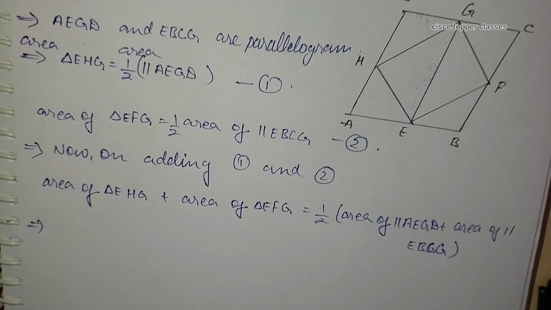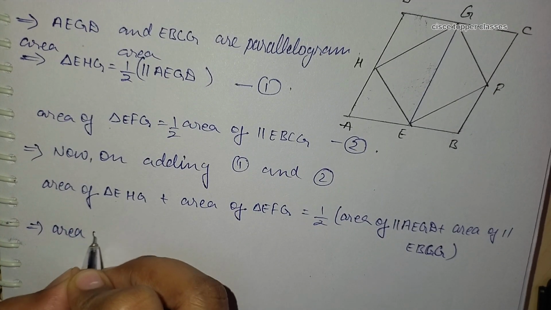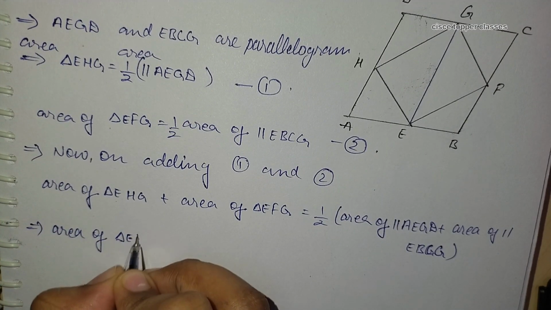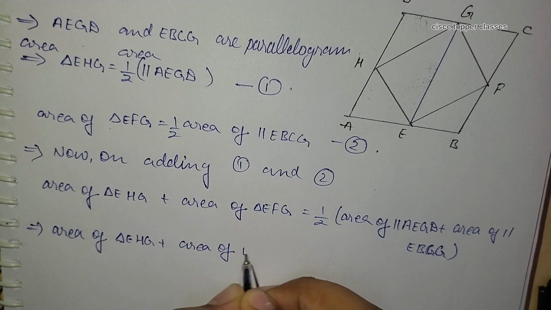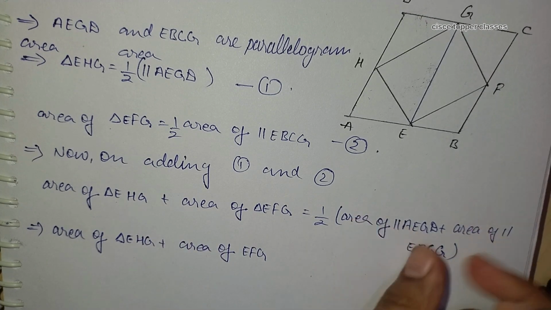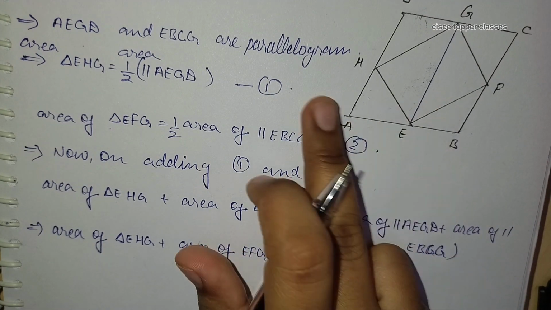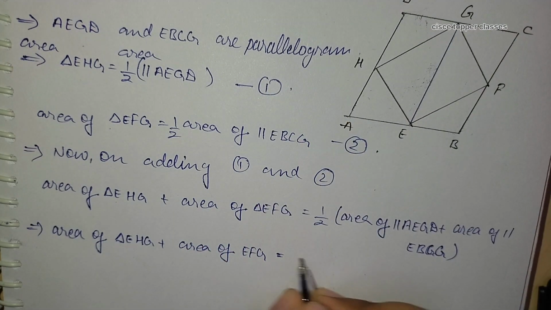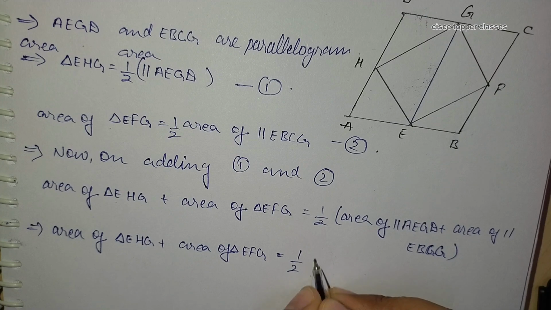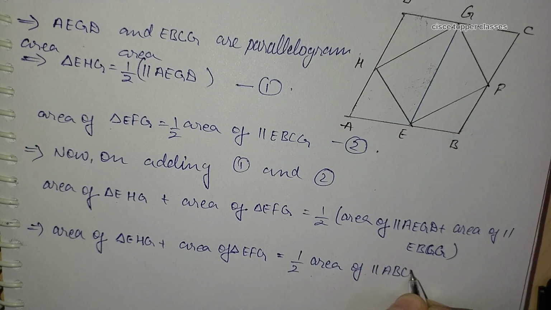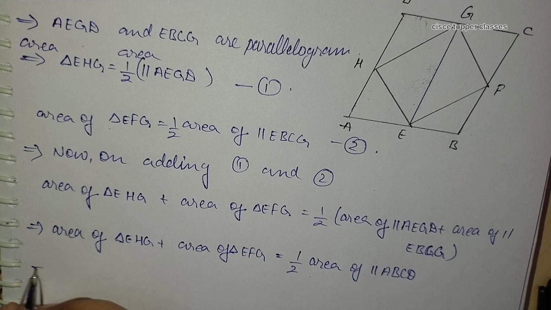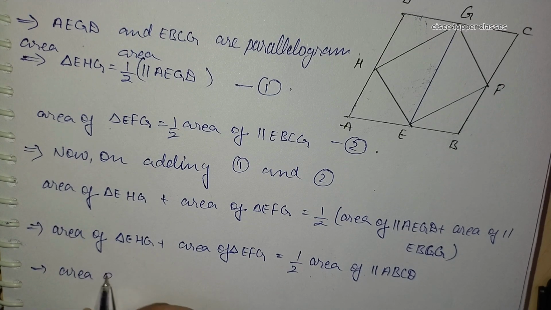From here we can simply write that area of triangle EHG plus area of triangle EFG, because this is the sum of the whole parallelogram ABCD, is half of area of parallelogram ABCD, and this we can write as area of quadrilateral EFGH.